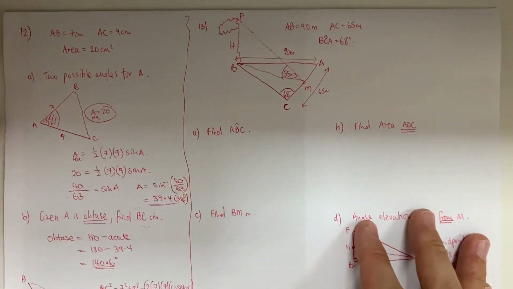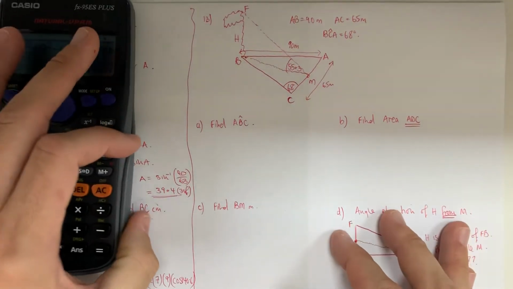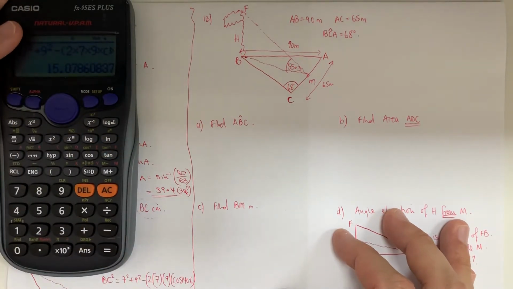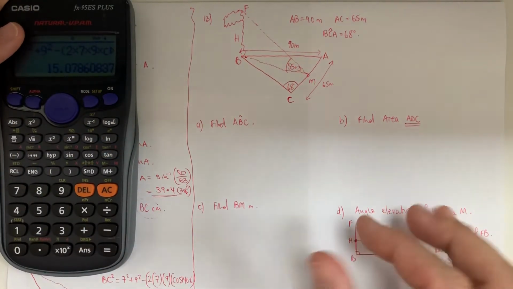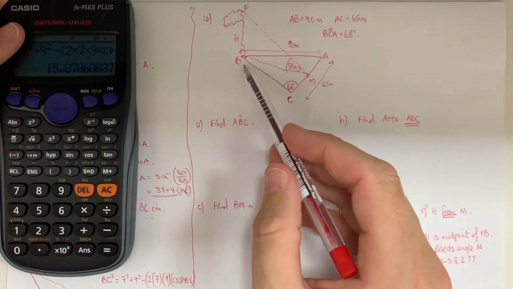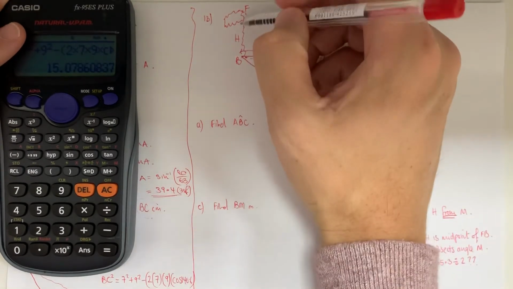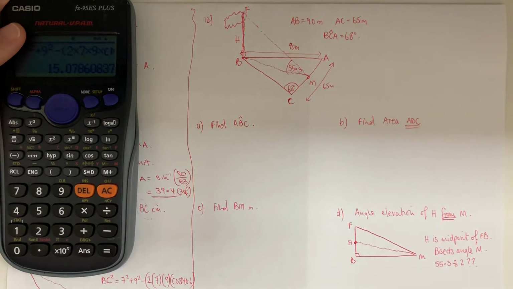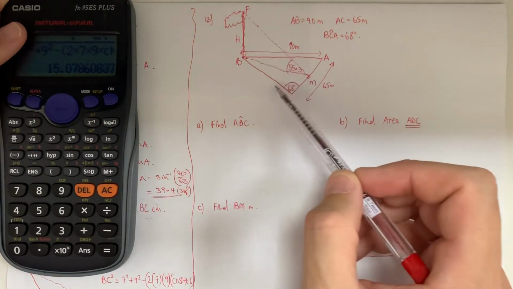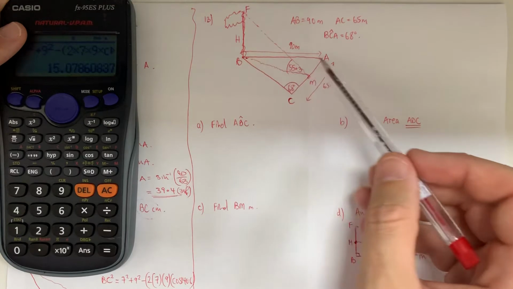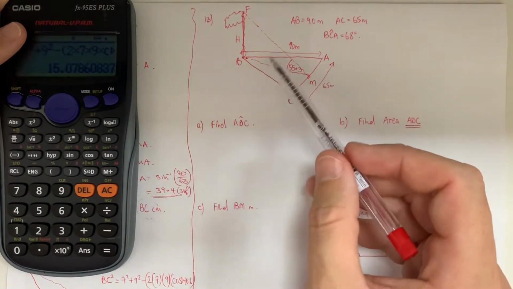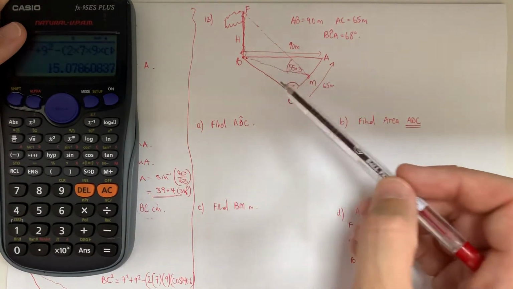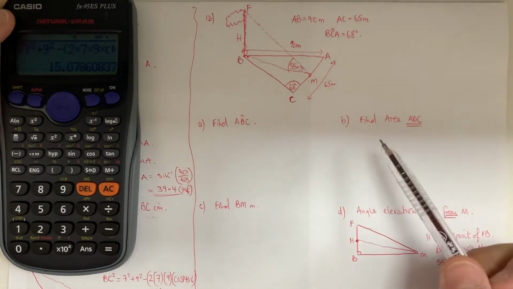Now on to question 13, where I have a car park apparently, and I've got a flagpole. It tries to confuse you because it's got a 3D shape and a 2D shape. You actually don't even need the flagpole triangle till near the end.